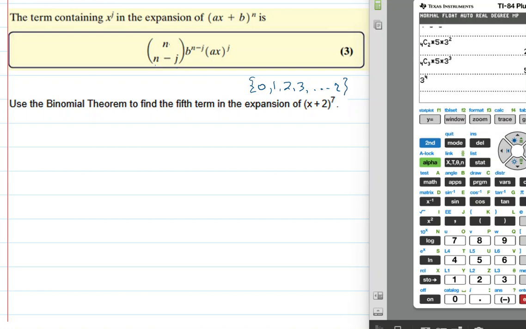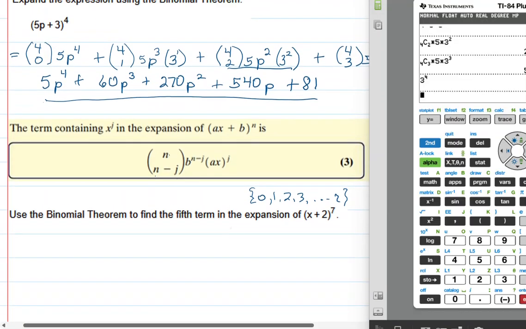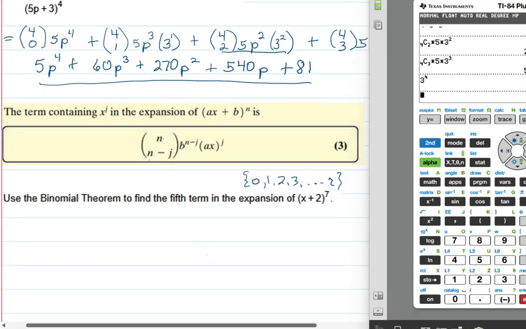So 0 means I take 1 away from the nth term listed. In other words, this guy right here is the first term, n minus 1, because it was a 0. This is the second term, right? So n minus that other 2, and so on and so on.